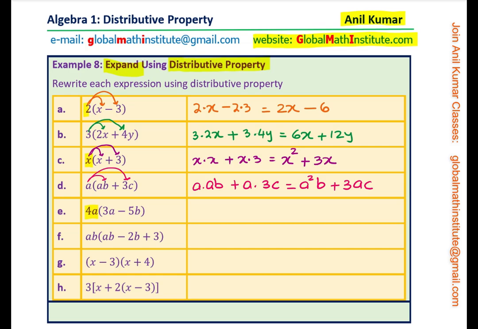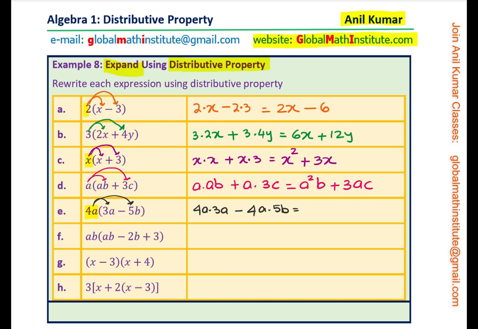So now we have 4a times 3a minus 5b. You see the combination of both numeral and variable. We'll multiply 4a with both the terms, and that gives me 4a times 3a minus 4a times 5b.